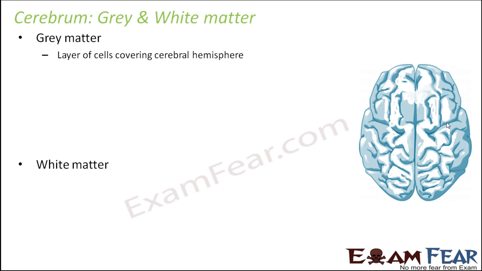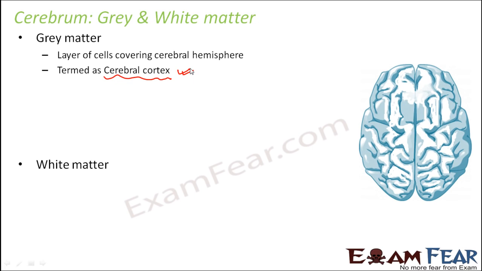Gray matter refers to the layer of cells covering the cerebral hemisphere. It is like the outer layer of the cerebral hemisphere, the outer part actually. This is also known as the cerebral cortex. Generally, cortex is the term used for the outer layer of anything. The outermost layer is often called cortex.